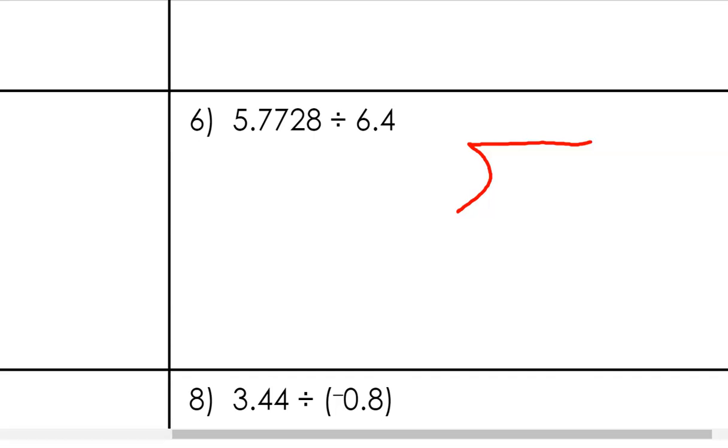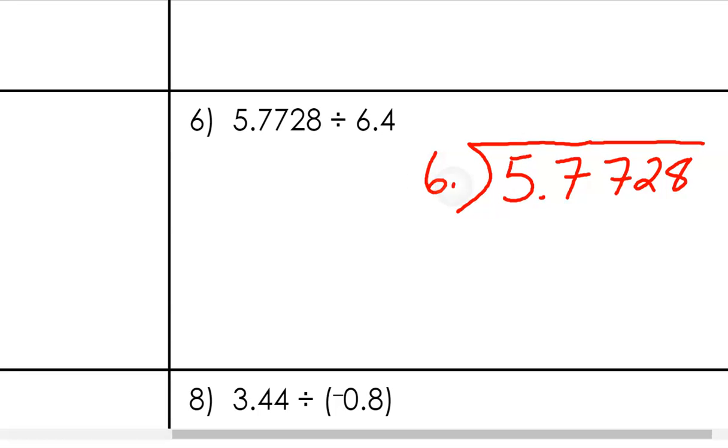Okay, so this first number, 5, 7,728 10 thousandths. And this number is 6 and 4 tenths.